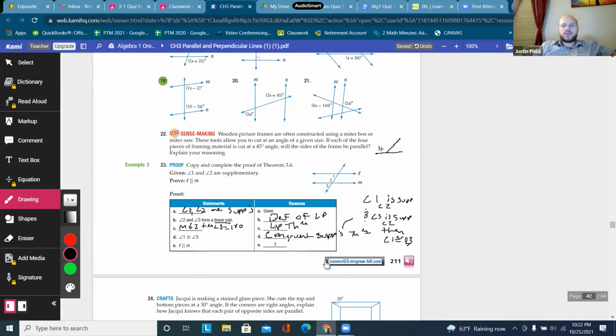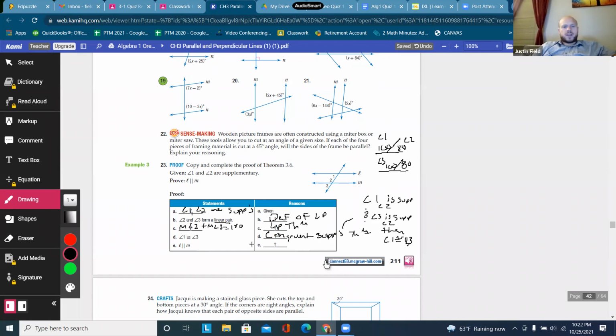So if you think about it in a nice picture example, we have 100, and then 100. So this is angle 1, this is angle 3, angle 2 is 80. Not the best picture, but hopefully you get the point that two angles that are supplementary to the same angle must be congruent. The 100s are both congruent.